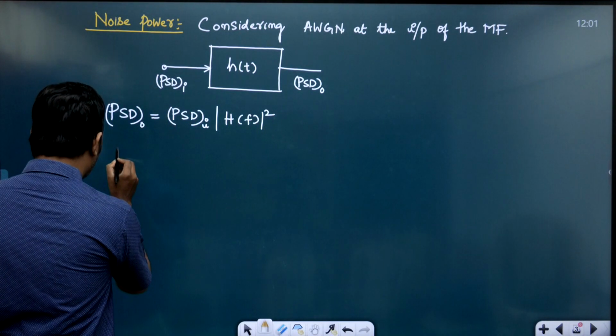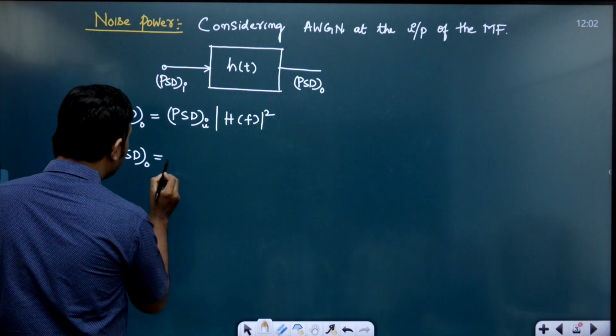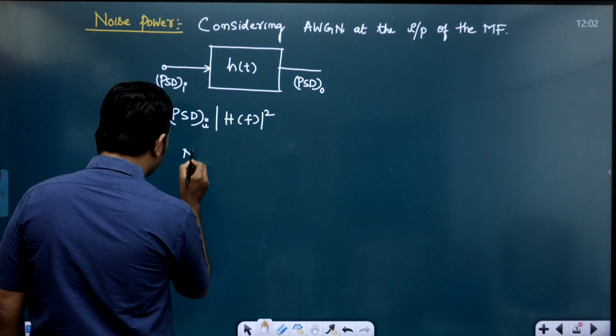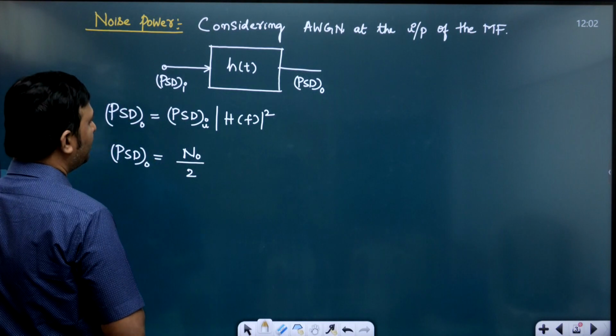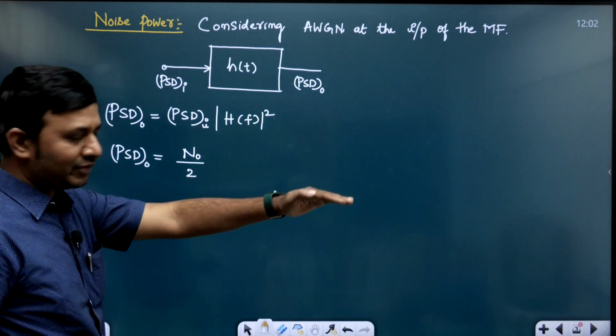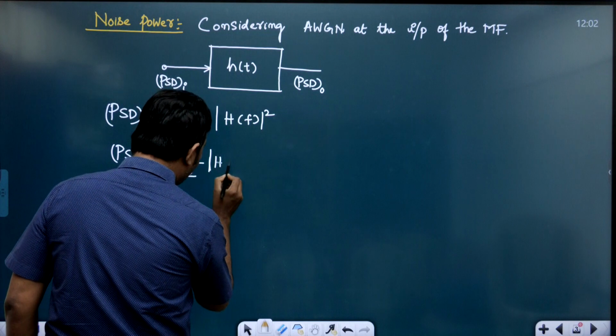Or output power spectral density is equal to, input power spectral density is n0 by 2, since white noise has constant power spectral density, n0 by 2 into magnitude of h of f whole square.